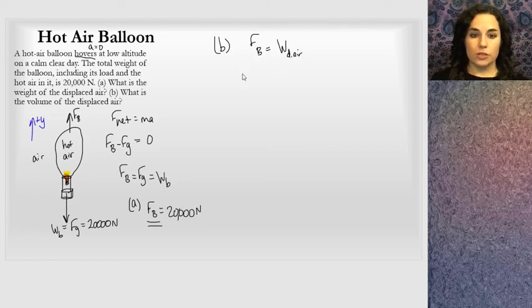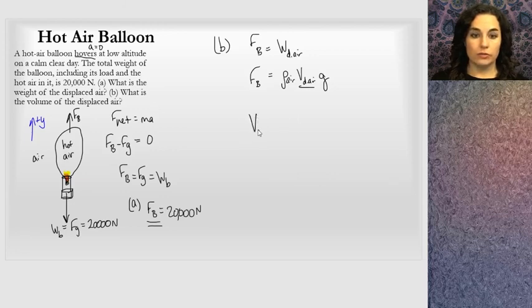The buoyant force I know is this 20,000 newtons. The weight of the displaced air is going to be rho of air, the volume of the displaced air, which is what we're looking for, times gravity. Okay, so I'm going to solve for the volume of the displaced air.